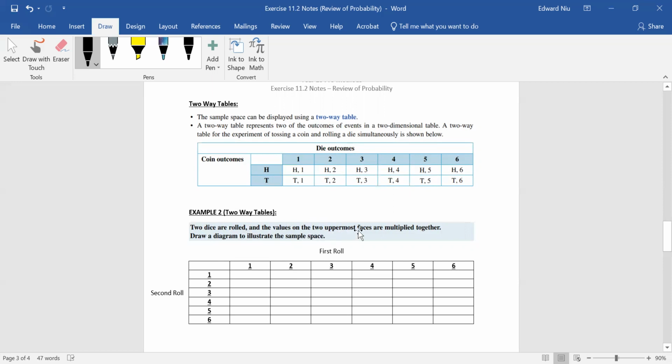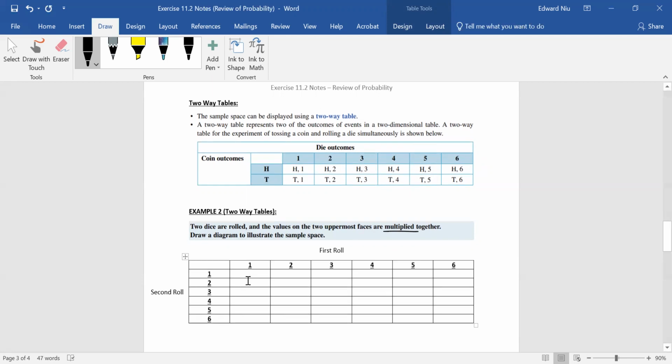Now, if we take a look at example 2 here, 2 dice are rolled and the values on the 2 uppermost faces are multiplied together. Draw a diagram to illustrate the sample space. Okay, so the keyword here is that it's been multiplied together.